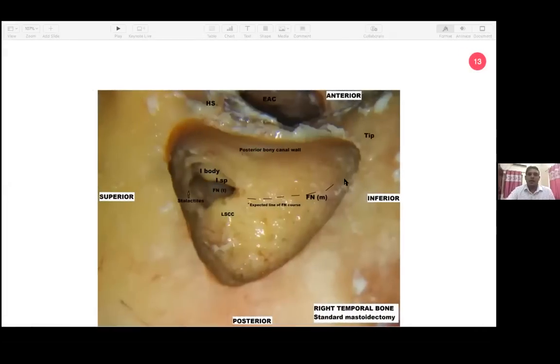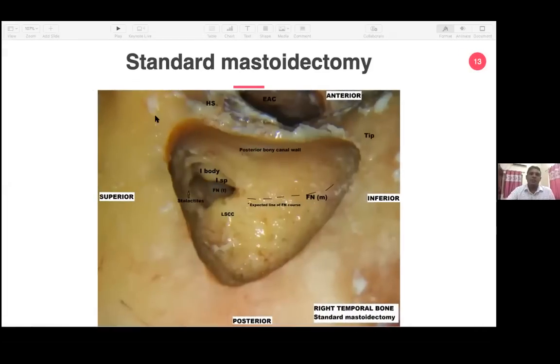Now, I was telling about this standard mastoidectomy. The standard mastoidectomy is nothing but like a cortical mastoidectomy. It is exenteration of the mastoid air cell systems. By definition, cortical mastoidectomy is exenteration of all the accessible mastoid air cell systems. So here we are not going to exenterate all the mastoid air cells.